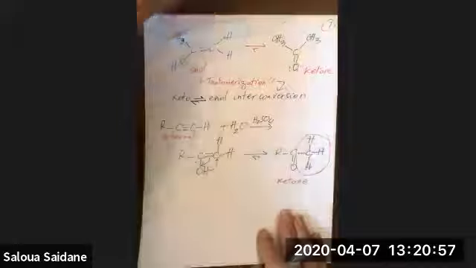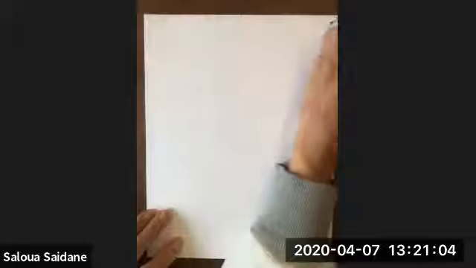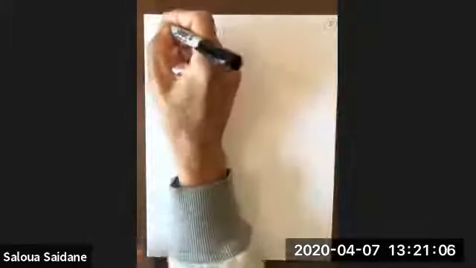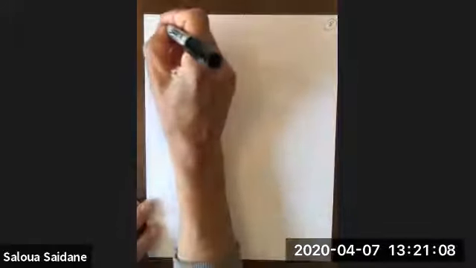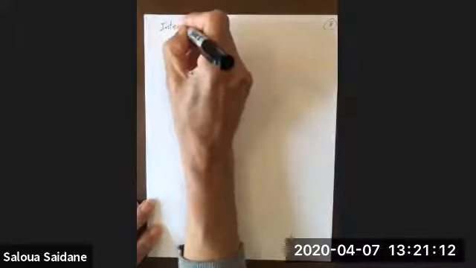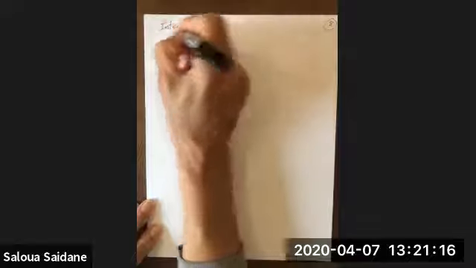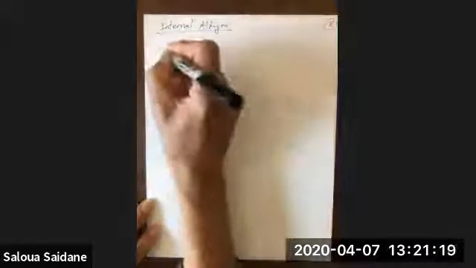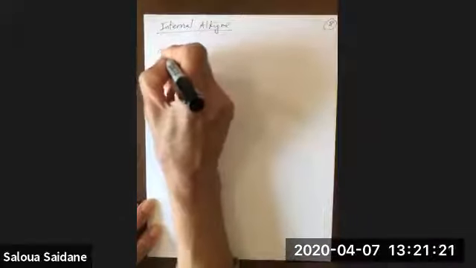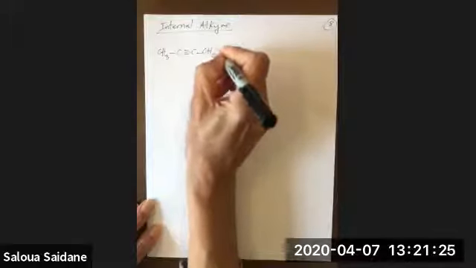So let's try now an internal alkyne. We're going to try the same one as in the previous scenario, so we're consistent. This is an internal alkyne. So how does it work? We have CH3, C triple bond C, CH2, CH3.